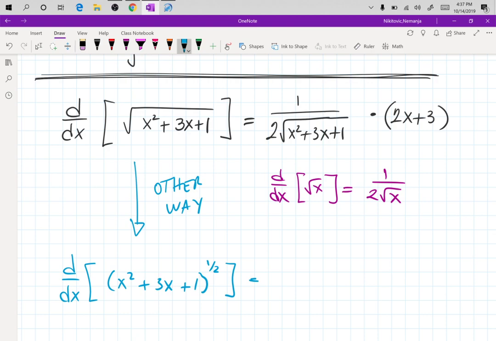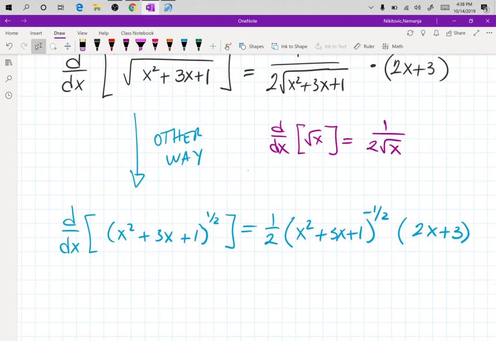And then do the derivative of the outer, which is going to be 1/2 of what we have inside, to the negative 1/2, because you are subtracting 1. 1/2 minus 1 is negative 1/2. Times the derivative of the inside, which is 2x plus 3. That's the chain rule part. And you can simplify this to 2x plus 3 divided by 2 square root of x squared plus 3x plus 1.